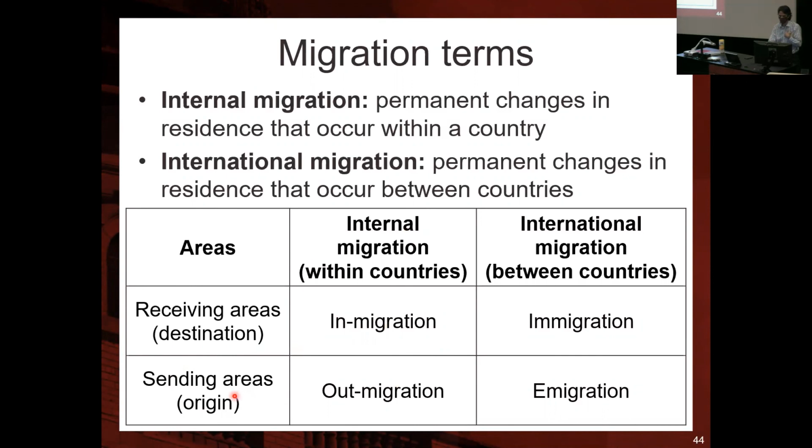If you're looking at California, which more recently has been exporting a lot of people to other areas in the US, what you are doing is an analysis of out-migration from California to other places within the US. If you are trying to understand the effects of migration from Latin America to the US and how that affects American society, you're trying to understand immigration to the US from Latin America.